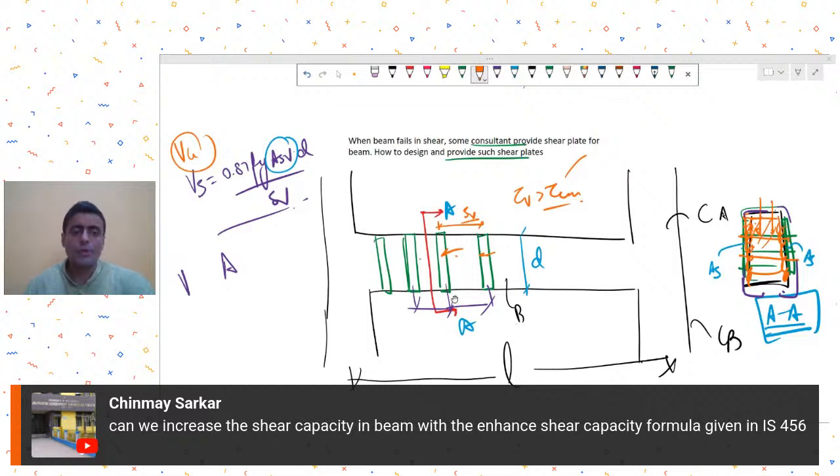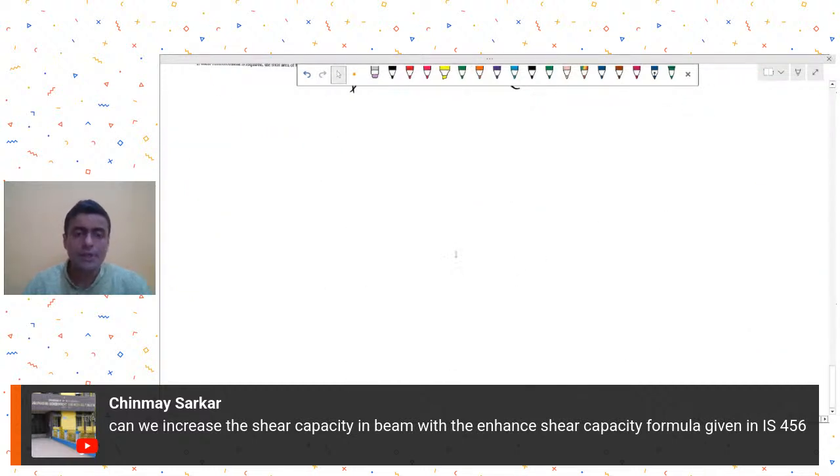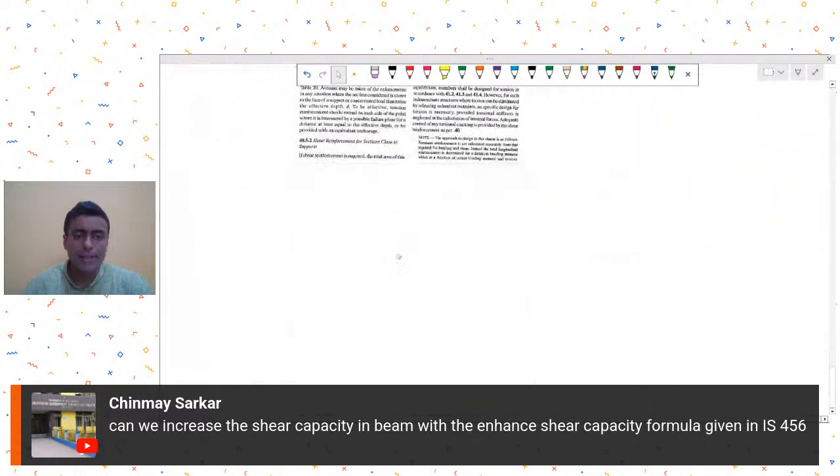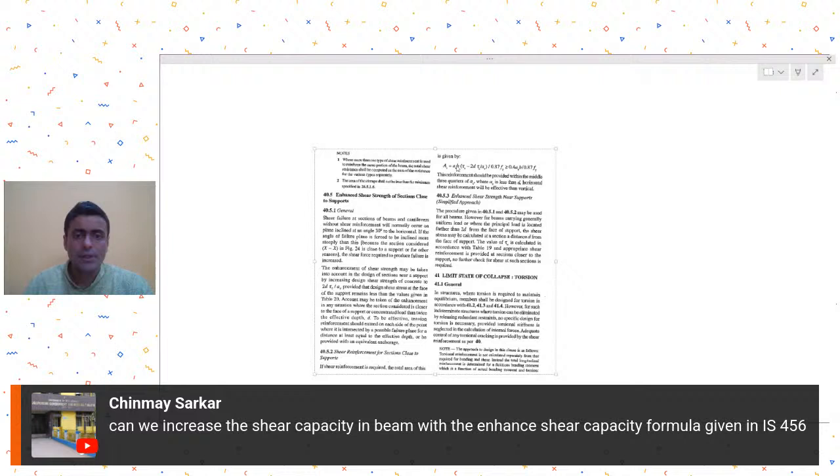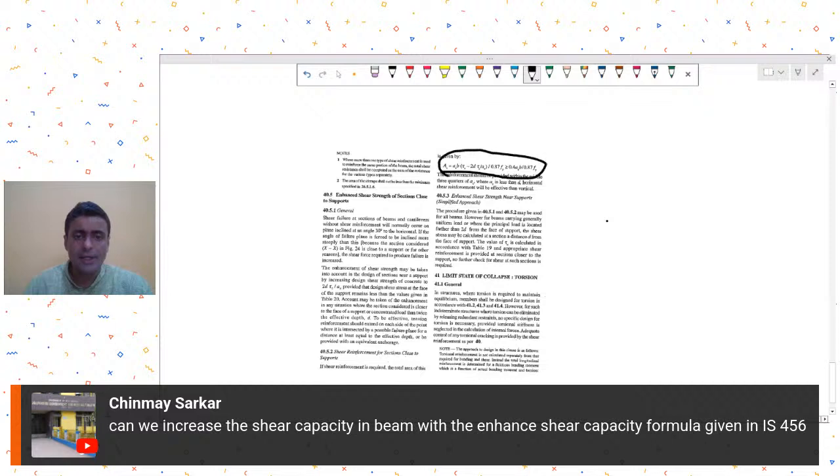And if you are doing the shear enhancement, and I'll just take a screenshot, then the shear reinforcement also needs to be provided as given in the code. If you can read the screenshot, you need to ensure that this shear reinforcement is provided if required, and you cannot take the shear at d distance away from the support. You have to take the shear at the face.